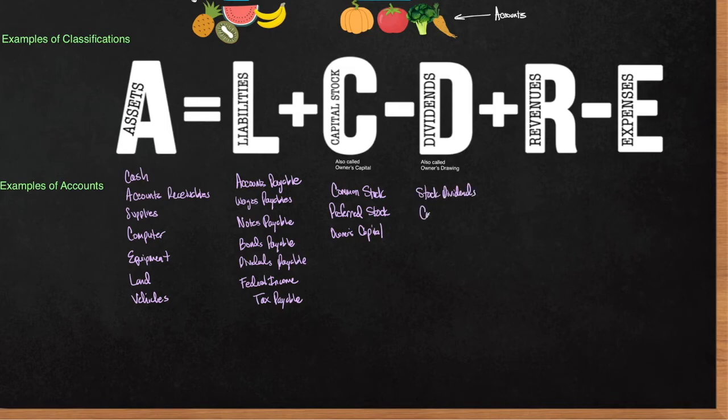Remember, capital is when the owner puts into the business or gives to the business. Dividends or drawing, examples of those are stock dividends or cash dividends. If it's a sole proprietorship, it's the owner's name, comma, drawing. And remember, dividends or drawing is when the owner gets something back from the business.